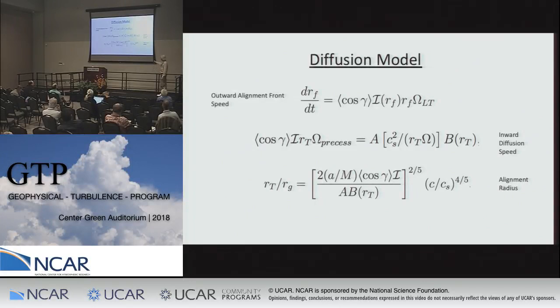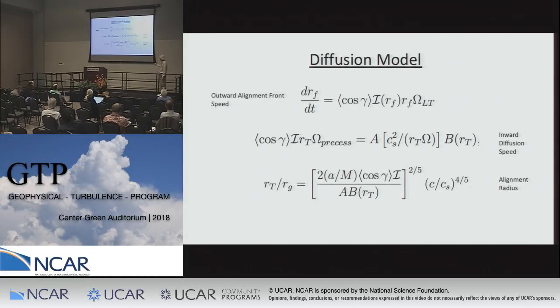And then the inward diffusion speed is set proportional to, basically on dimensional grounds, simply the sound speed squared divided by the orbital velocity. And so the question is, what are these coefficients out front?